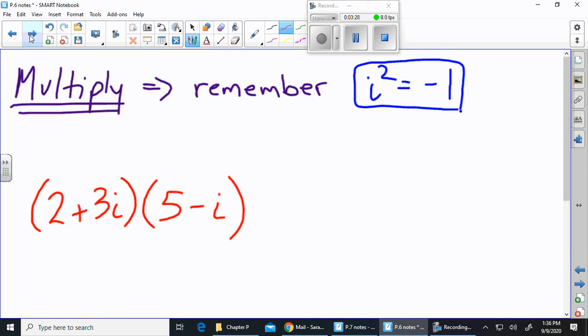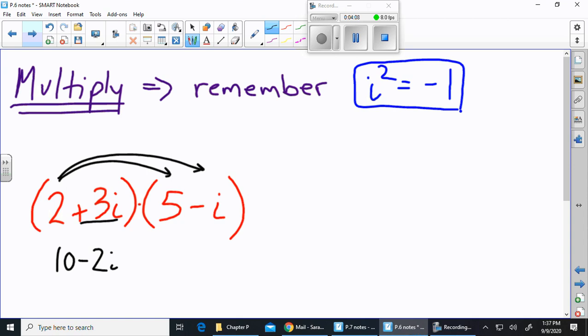Multiplying. The thing we have to remember with multiplying, which is when those parentheses are smack next to each other, i squared is -1. So if I have a binomial times a binomial, I'm either foiling or distributing everything in the first parenthesis to everything in the second parenthesis. So 2 times 5, 10. 2 times a -i, minus 2i.